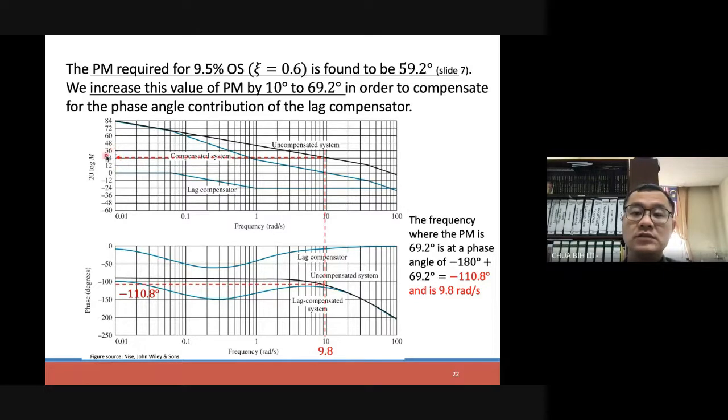Now, this is what we have for the uncompensated one.